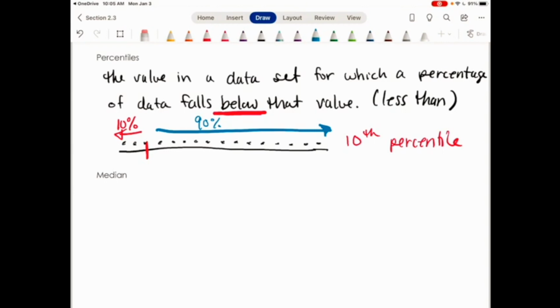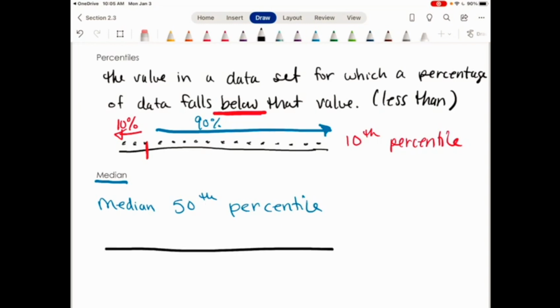Now we have specific percentiles. We have the median. The median is the 50th percentile. So this is the value in the data set that splits the data so that 50% falls below and 50% falls above.